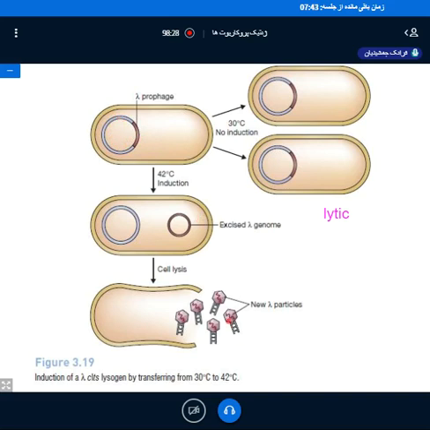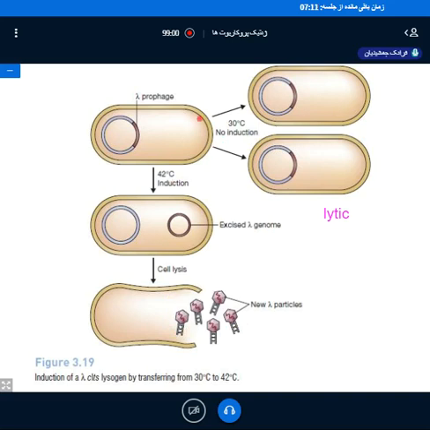So if we want the phage particles, and if we want to extract the phage, which cycle do we want? Lytic. So how can we lead all the bacteria to the lytic phase?